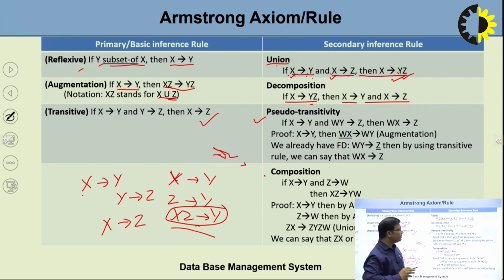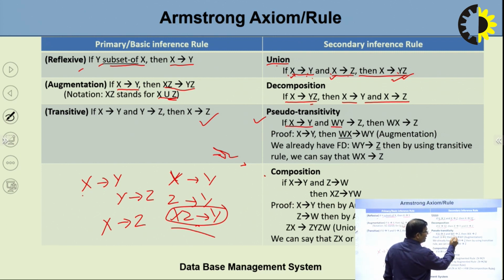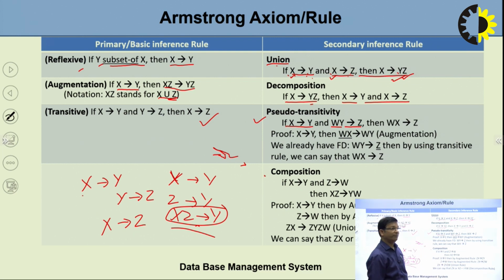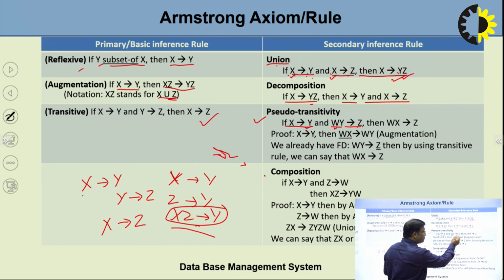Pseudo-transitivity. What is pseudo-transitivity? Pseudo-transitivity is that x tends to y and wy tends to z. Listen over here. X tends to y, okay? And something has been added to this y, wy tends to z. Then what will happen? Wx tends to z. This z can be identified on the basis of wx also, just because this y can be replaced by the element of x.